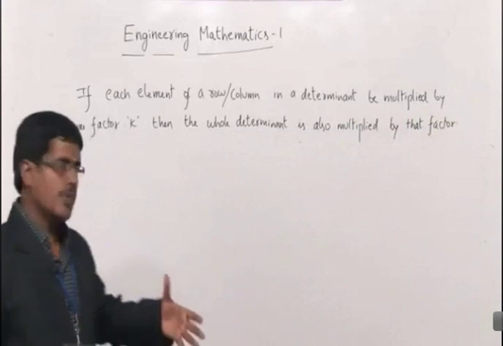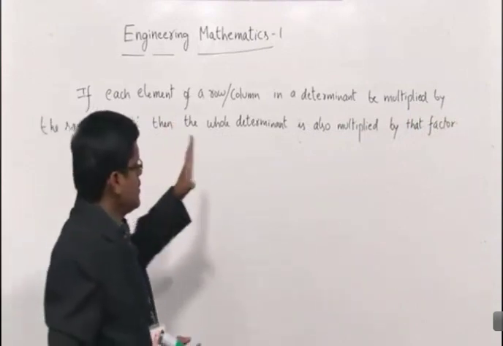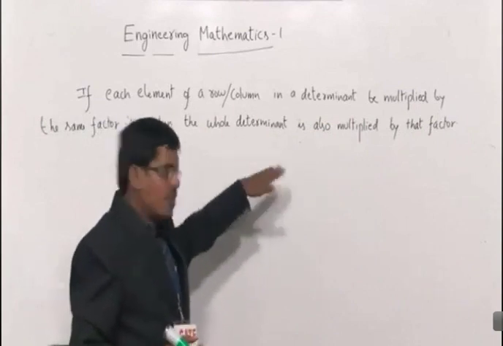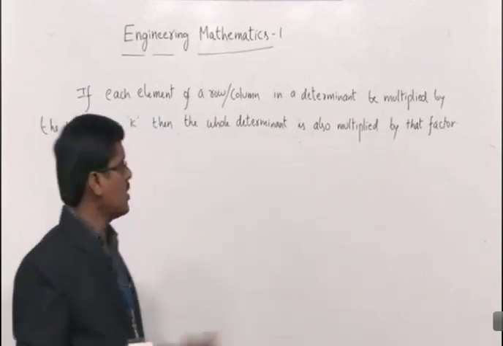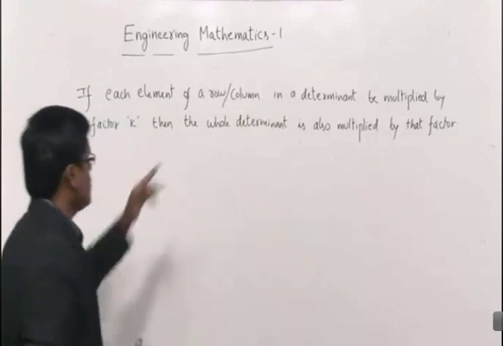Whole determinant means once a determinant value is obtained, that is called the whole determinant. The value is also multiplied by that factor. I showed you yesterday already: 5 R1, I have applied one operation. Okay, please modify them.